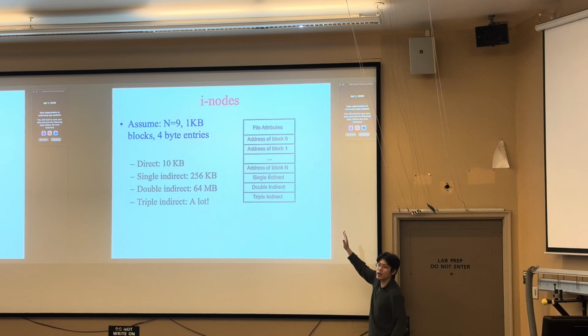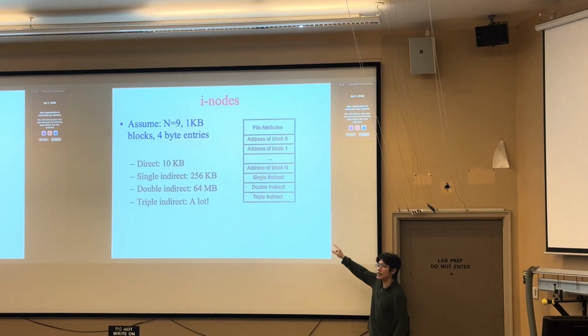More accurately, they are usually called data blocks of a file, meaning that they are storing the content of the file. Indirect blocks are not storing the content of the file. They are storing a list of pointers to data blocks. This is very similar to the multi-level page table design that we have studied.